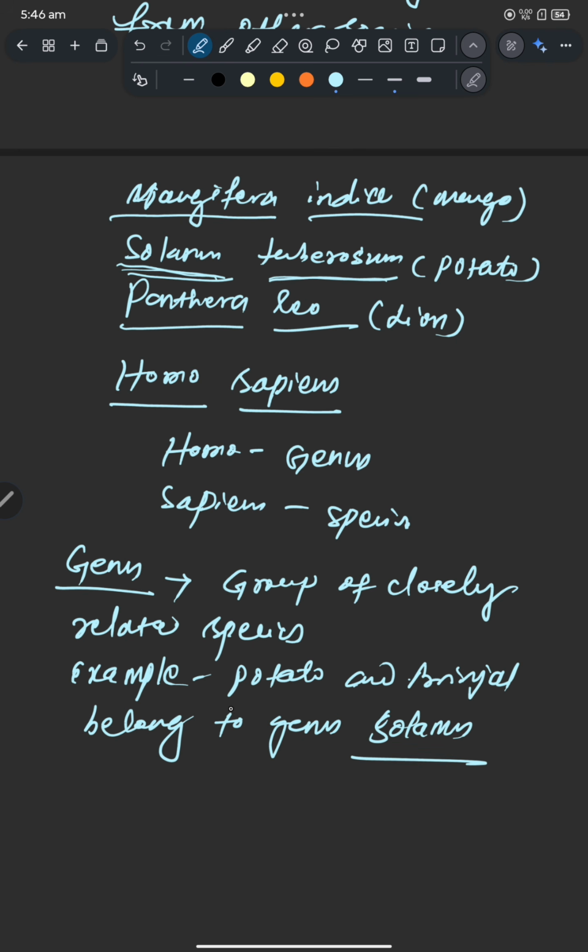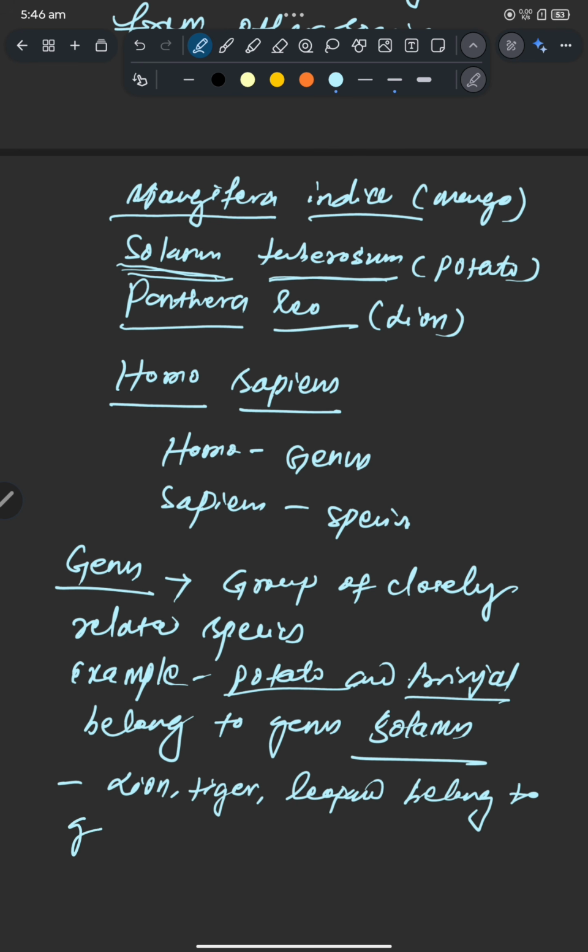So potato and brinjal, they are two different species, but they belong to a single genus, that is Solanum. Similarly, another example, lion, tiger, leopard belong to genus Panthera. Okay, so this way the genus are explained.